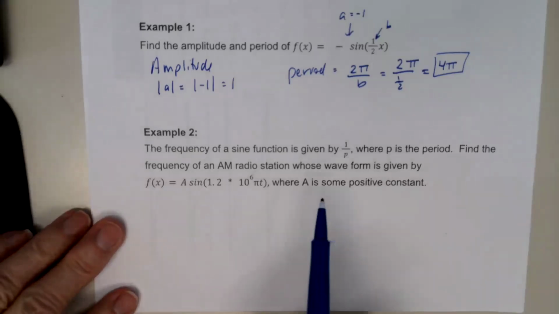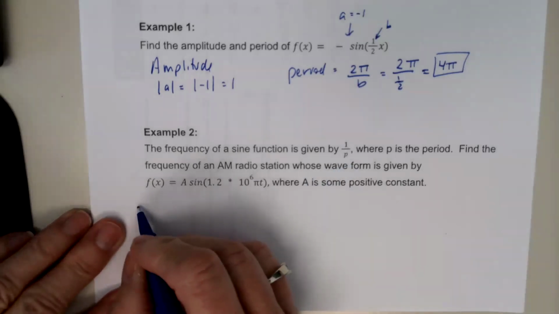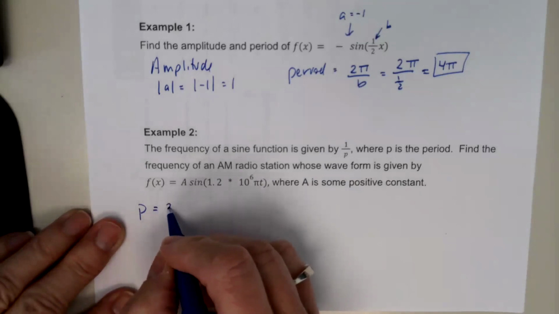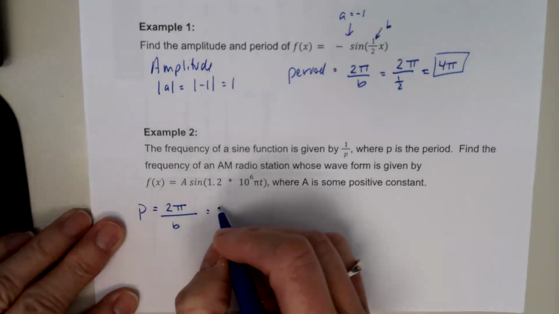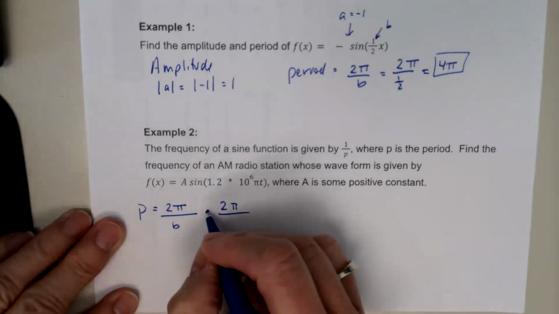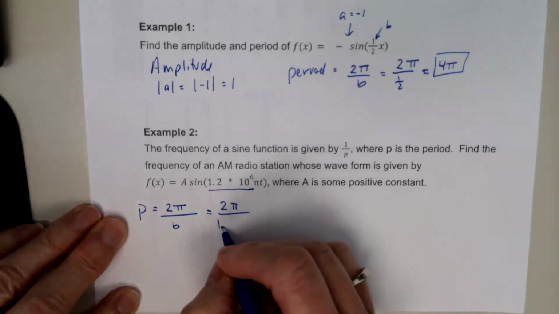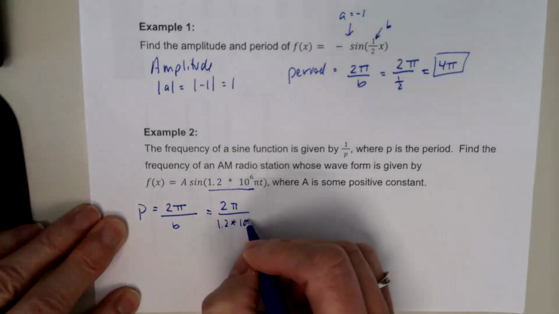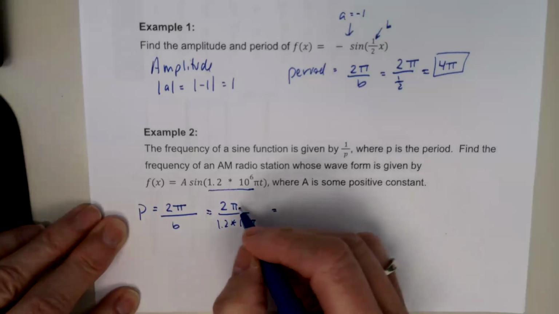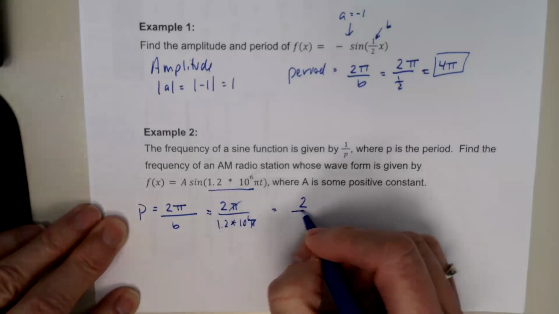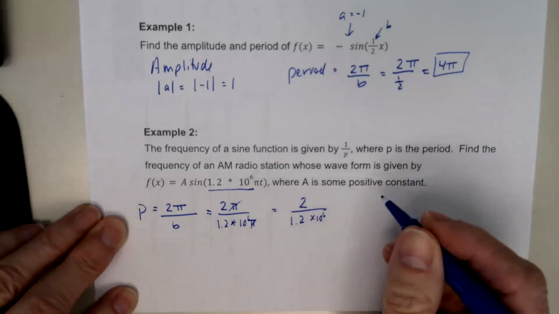So we need to find p, the period, which is equal to 2π over b, which in this case is 2π over 1.2 times 10 to the 6th π. So the π's cancel, and we have 2 over 1.2 times 10 to the 6th.